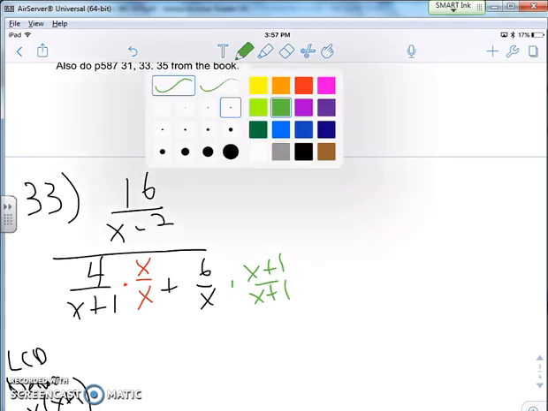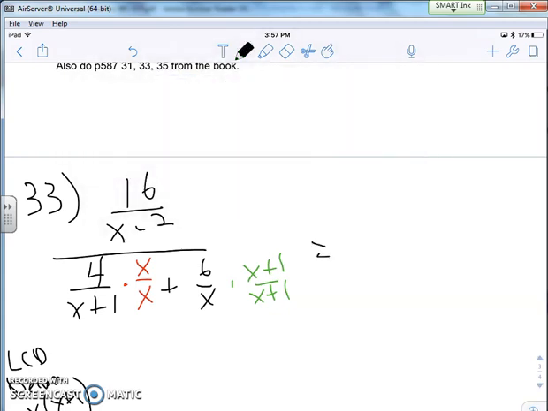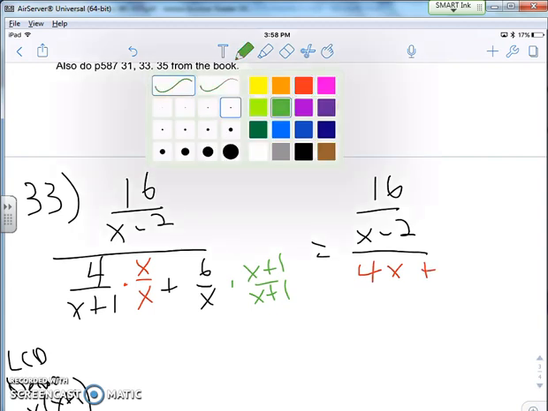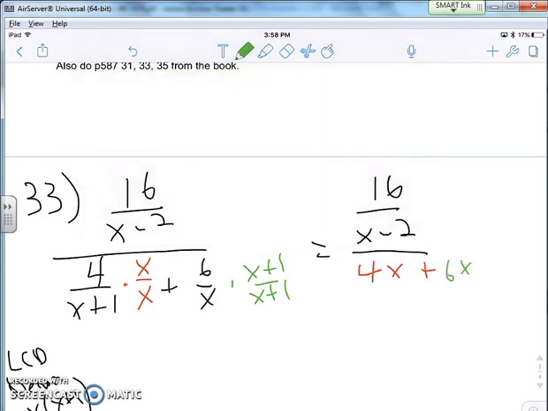What we're going to get here then is the numerator stays the same, 16 over x minus 2. The denominator is going to become 4x plus, when I distribute that 6, 6x plus 6, all over that one denominator, x times x plus 1.